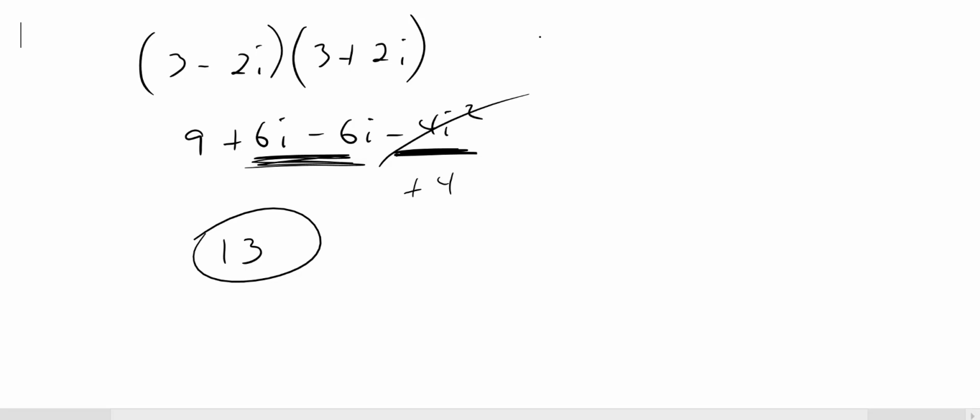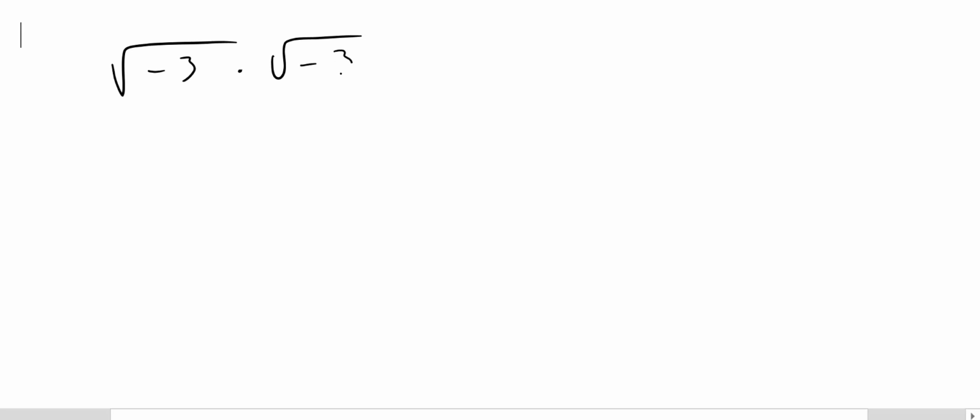We're almost done. Promise you. So guys, before you can do any operation with a radical, you can't have a negative inside. So you have to take out the negative. So if I gave you square root of negative 3 times the square root of negative 3, you can't just do, oh, well, negative 3 times negative 3 is 9, square root of 9 is 3. It's wrong. Okay?